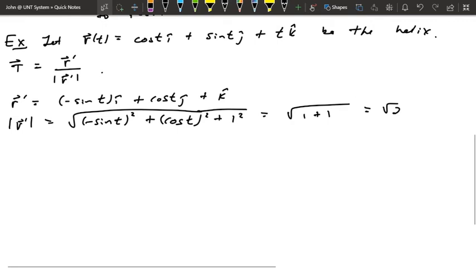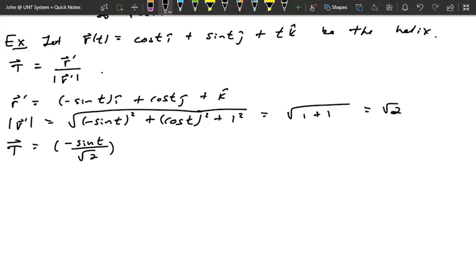All right, so T is going to be r prime times 1 over square root of 2. Okay, so that's T, the unit tangent.